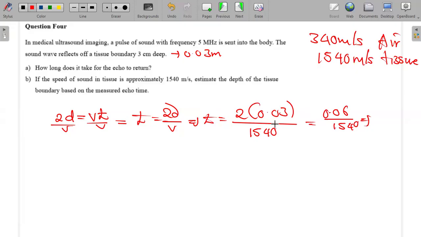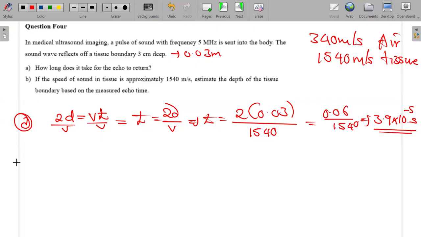Let me just put exponent, shift exponent. This is giving me 3.9 times 10 to the power minus 5 seconds. This is the time taken for the wave to reflect off the tissue boundary that is 3 centimeters deep.